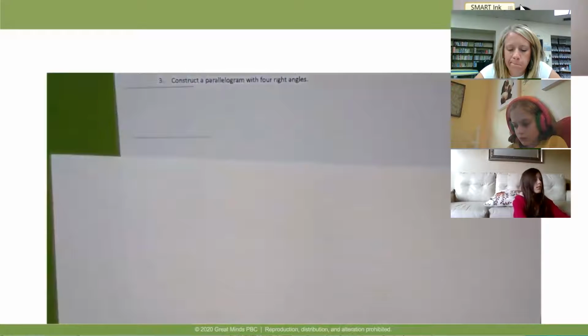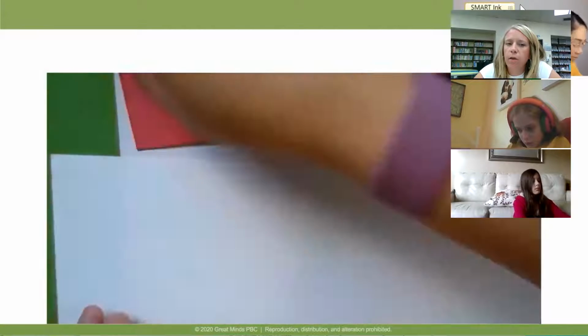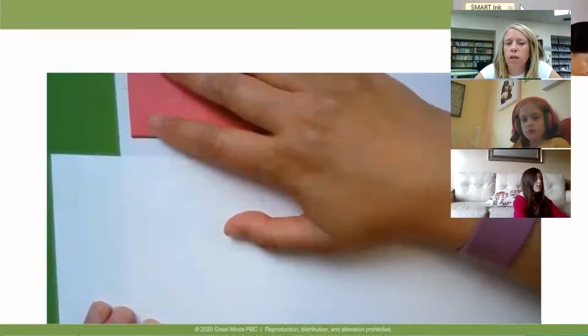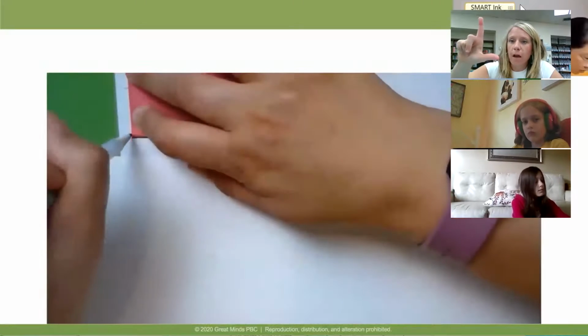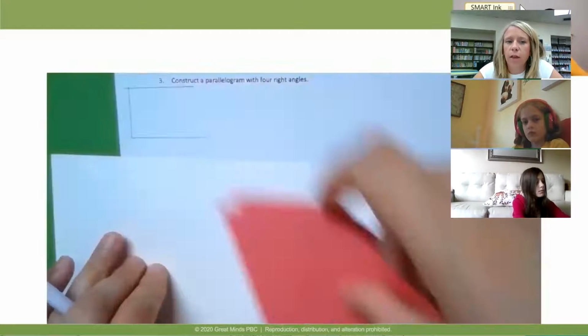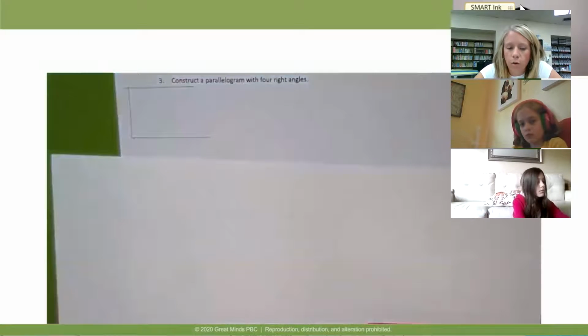Next, draw a third segment with a right angle perpendicular to the baseline. Remember, perpendicular means they're intersecting, so they're touching or crossing, but they make that right angle, so it should look like a perfect L. Finally, draw a fourth segment that is also perpendicular to the first segment.